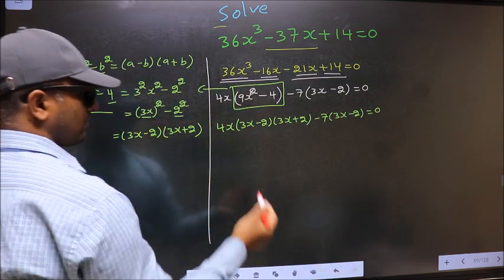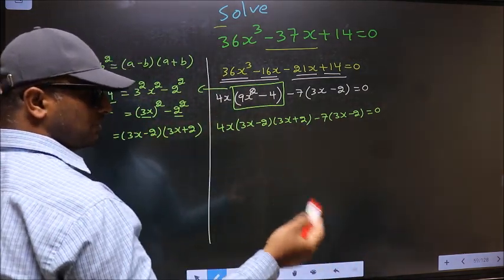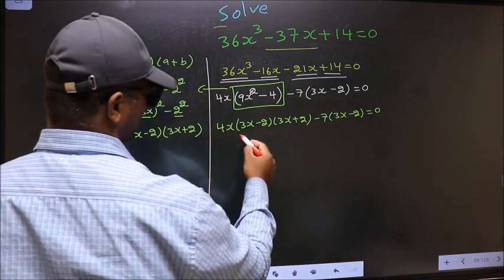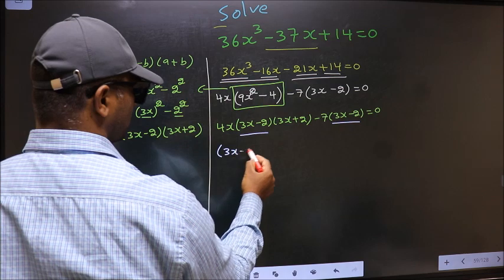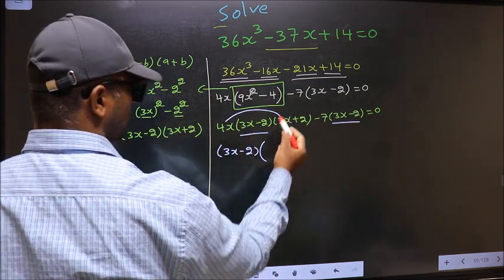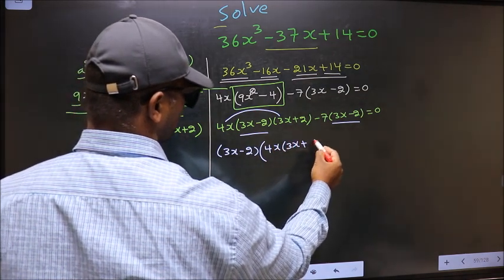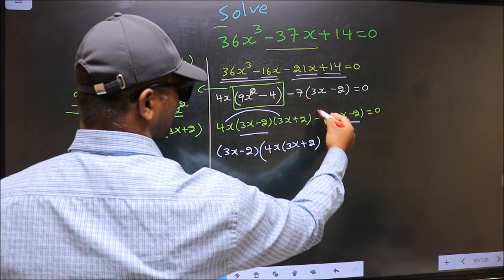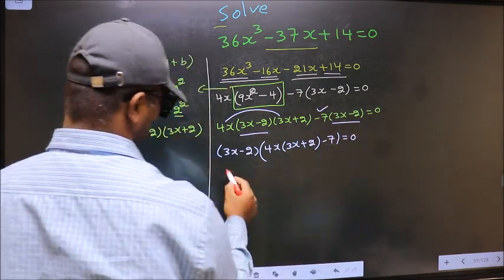Next, from this entire equation, what can be taken out common is 3x minus 2. So 3x minus 2 outside. Over here we are left with these two, that is 4x times 3x plus 2. And here we are left with minus 7 equal to 0.